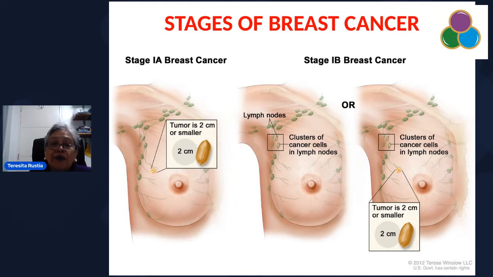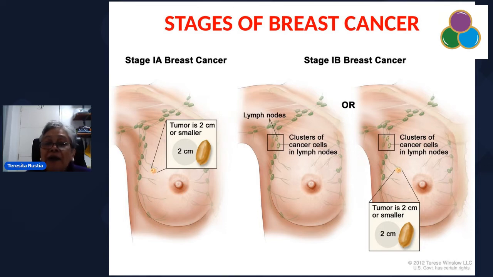Okay? Now, so stage 1A, the tumor is 2 centimeters. And stage 1B, you find now the clusters of cancer cells in the lymph nodes. And if you would notice, the lymph nodes are really not specifically in the main breast area, but around the breast area. And you could also see here, there are lymph nodes in the armpit.